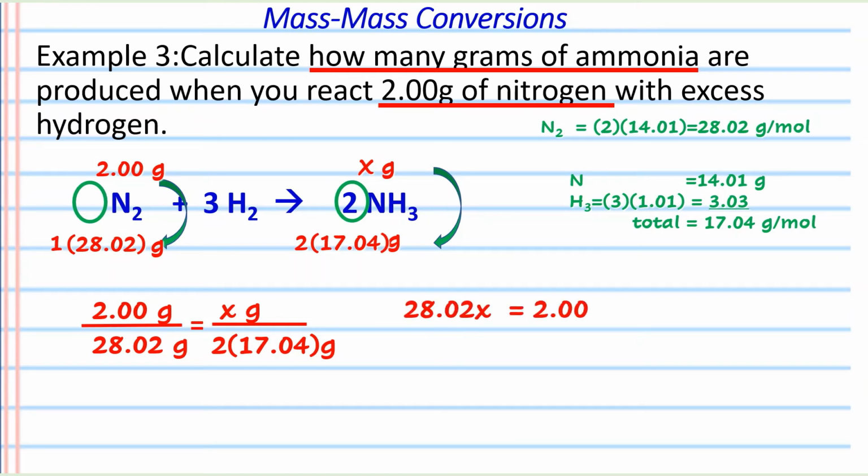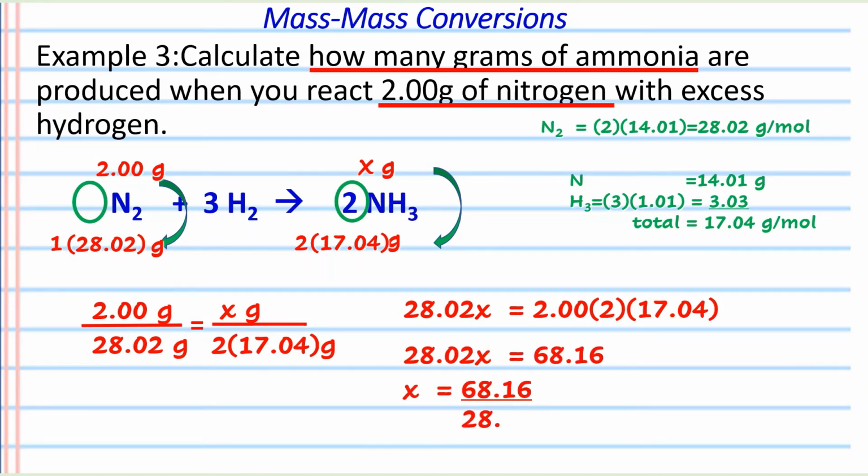So we have 28.02x is equal to 2.00 times 2 times 17.04. If I continue with the math, that equals 68.16. We need to divide both sides by 28.02. And we get a rather long remainder.